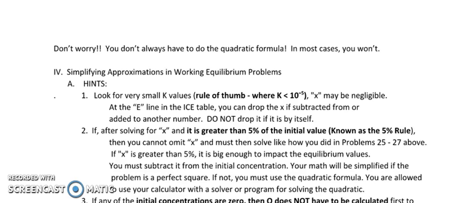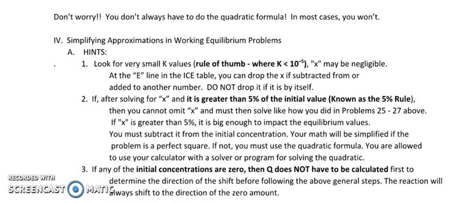So this is simplifying approximations and working equilibrium problems. And there are really 3 hints to look at. Number 1 is look for very small values of k. Rule of thumb, now what do you know about rule of thumb? It's not 100% correct, but it's something to look for, all right?